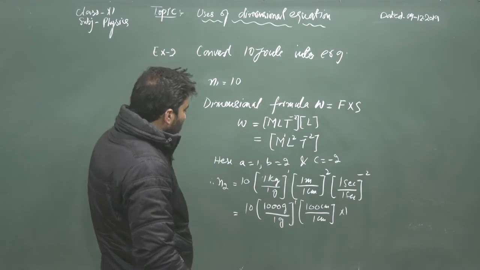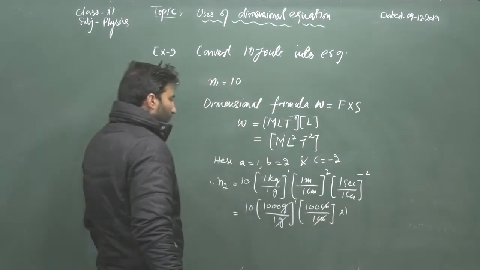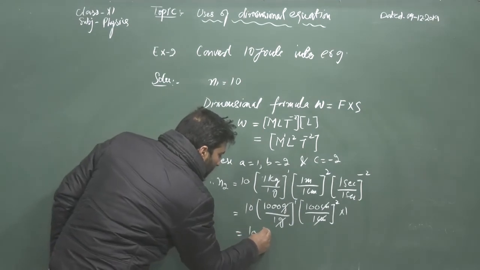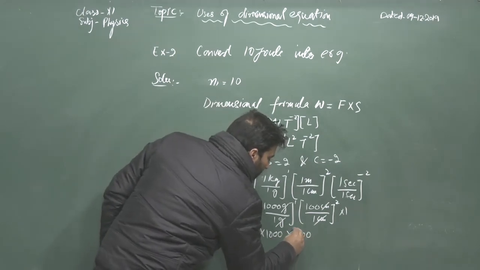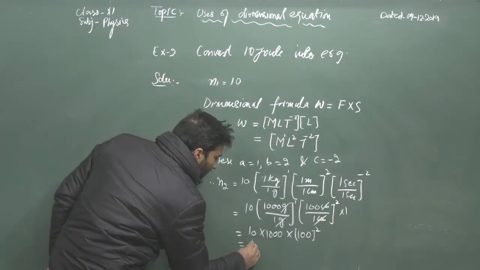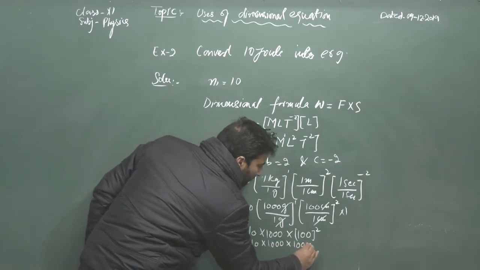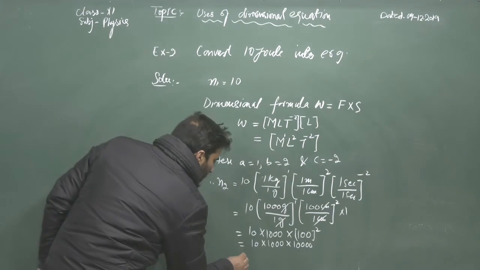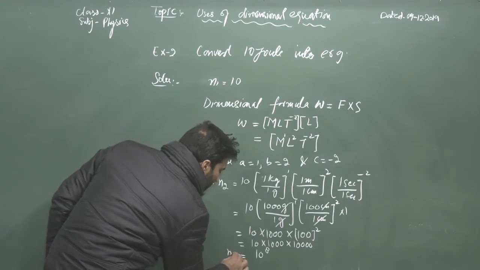Now gram and gram cancel, centimeter and centimeter cancel. We are left with 10 into 1000 into 100 squared, which is 10 into 1000 into 10 raised to the power 4. So N2 is equal to 10 raised to the power 8.